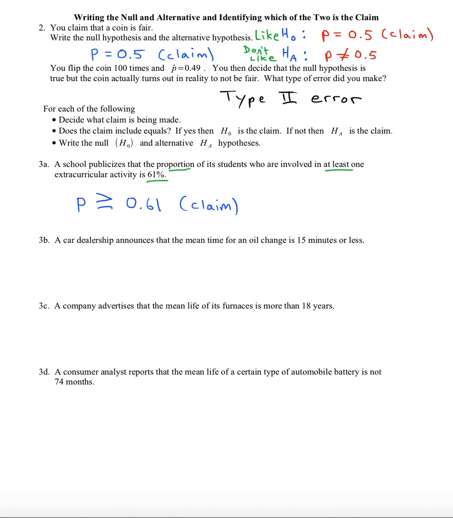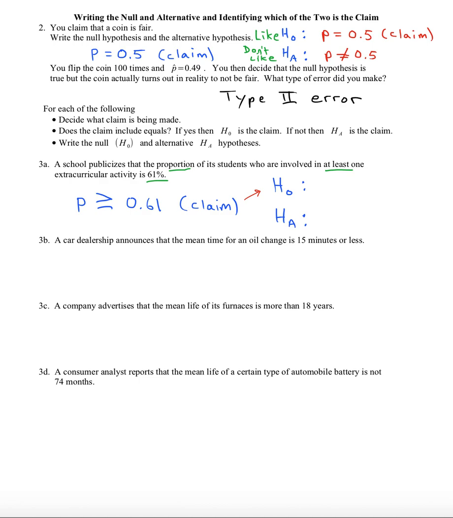So start with that, okay? Then we can go on to assign it to one or the other of these. So which is it? Is the claim H0 or is it HA? Well, it involves some form of equality.